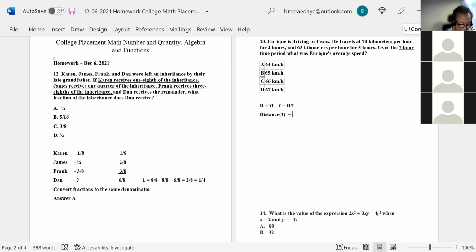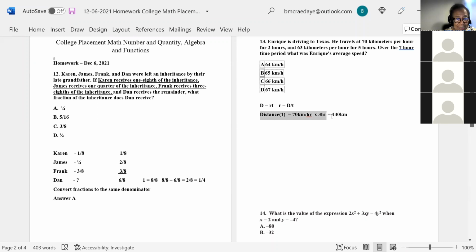That's right, 70 km per hour, time 2 hours. That'd be 140. That's right. So you see that comes out in kilometers, right? So that would be 140 kilometers. That's the first distance.